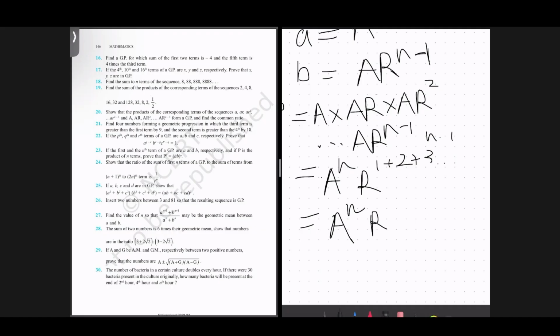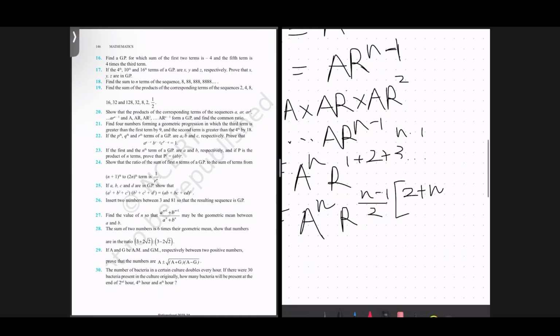So the number of terms in the AP is n minus 1, divided by 2, into 2 times the first term, that is 2 in itself, plus n minus 1 minus 1, and the common difference has been given to us as 1, right?